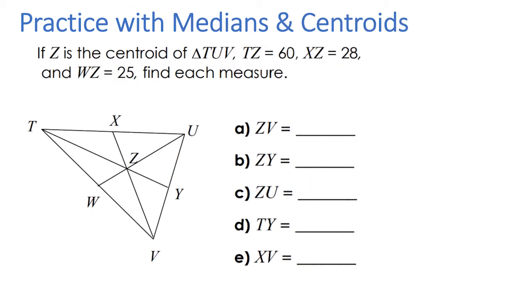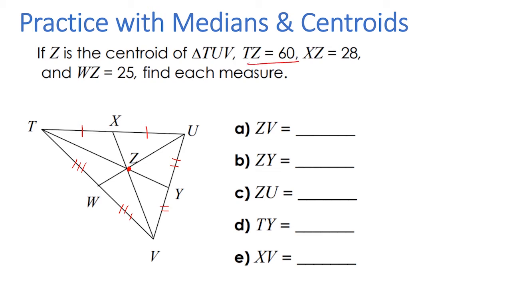So let's take a look at this problem here. Z is the centroid, right? So let's label this as a centroid. We know that each of these sides are congruent right here. Let's label everything before we try to find these measures.